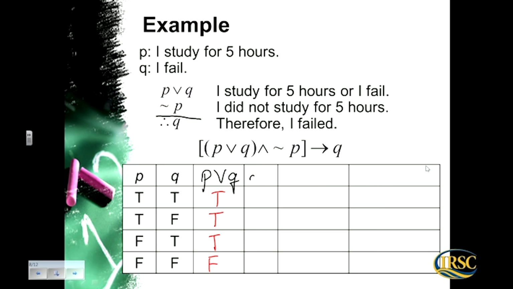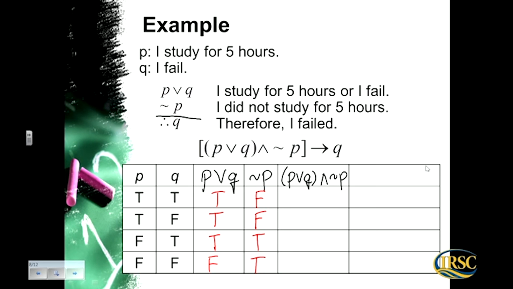Okay, so now we have to do our not P. We don't have a choice there. And so that would be false, false, true, true. Now we're going to do what's inside the brackets. And so this is an and.